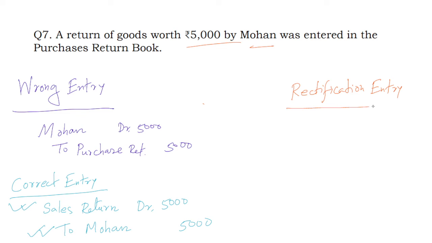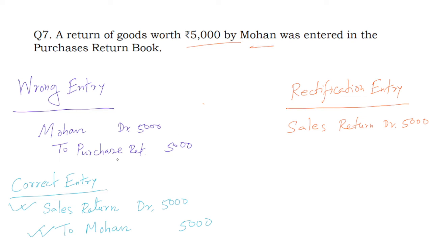This is the rectification entry. First, we are passing sales return debit 5,000.